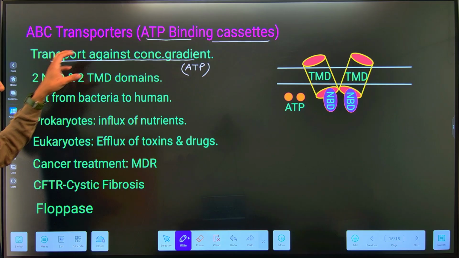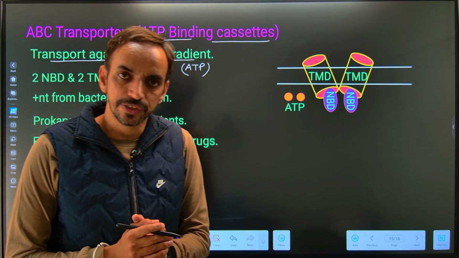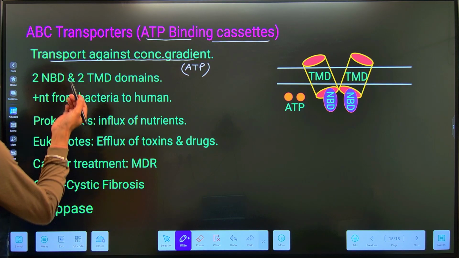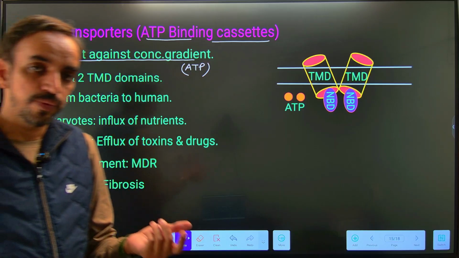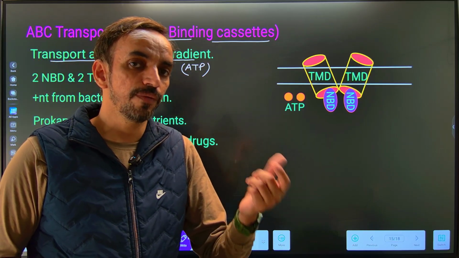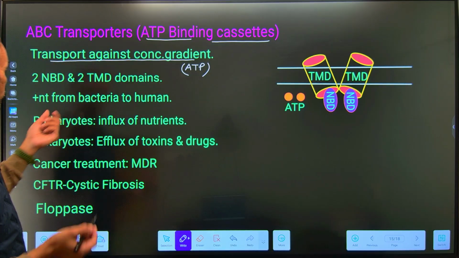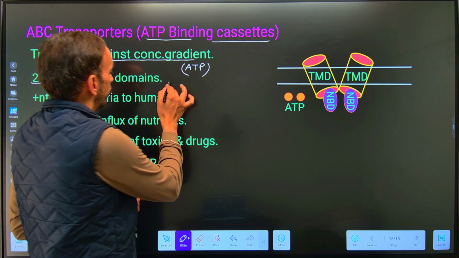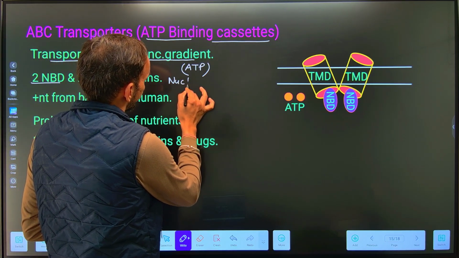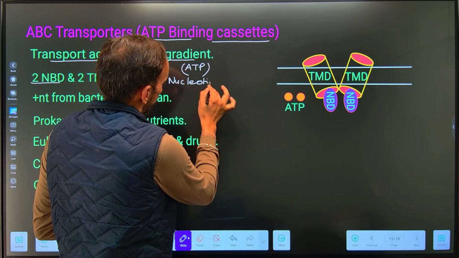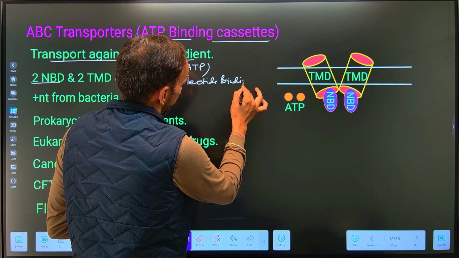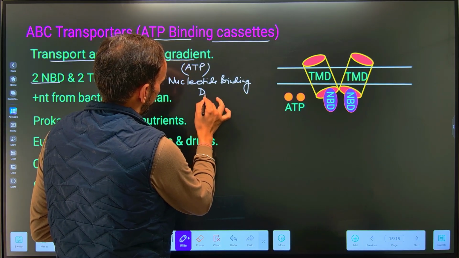Now if we talk about the structure of these ABC transporters, they are generally made up of two domains, or we can say they are made up of four domains, two types of domains. Here we have two NBD domains. NBD means nucleotide binding domains.